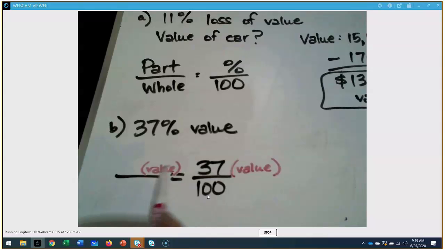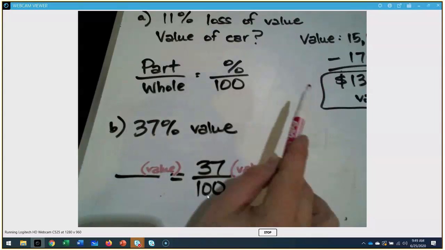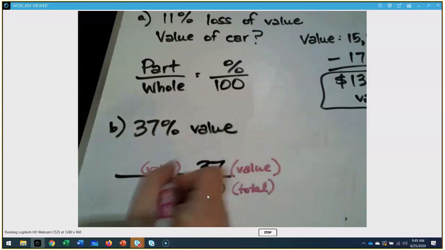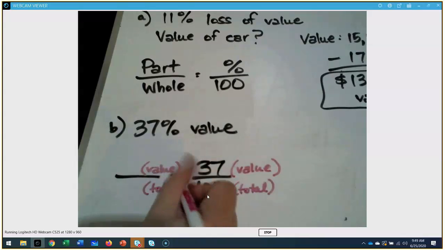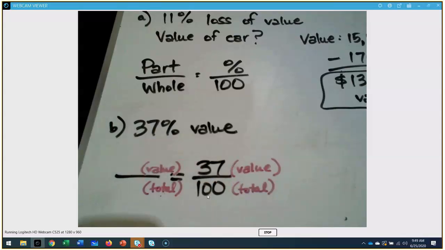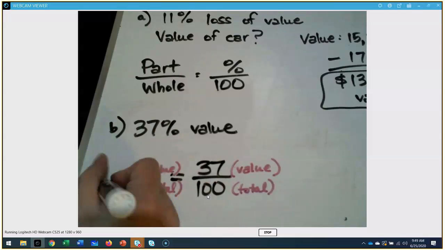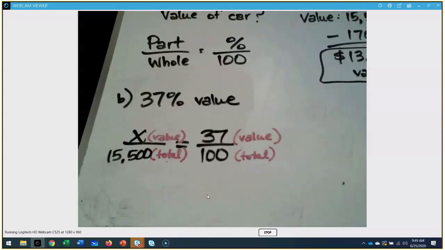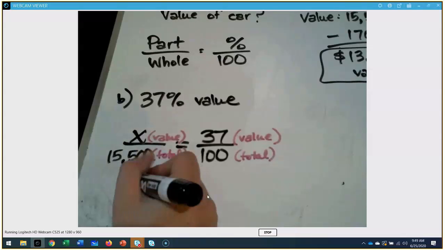What will the value be? We won't have to do a second step. So I'm going back to the $15,500 because that's how much the dealership charged. Then I'm going to cross multiply this one.